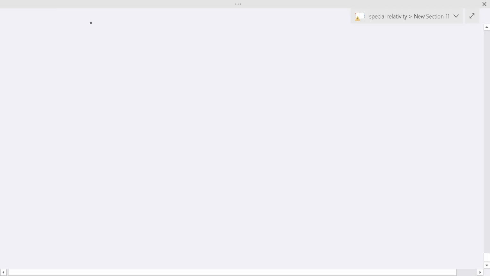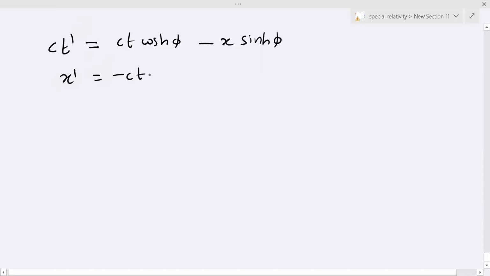But if you cannot imagine all this, let's just look at the transformation equations. The transformation equations are given like this: ct prime is equal to ct cosh phi minus x sinh phi, and x prime is equal to minus ct sinh phi plus x cosh phi. So these are the new time axis and the new space axis.